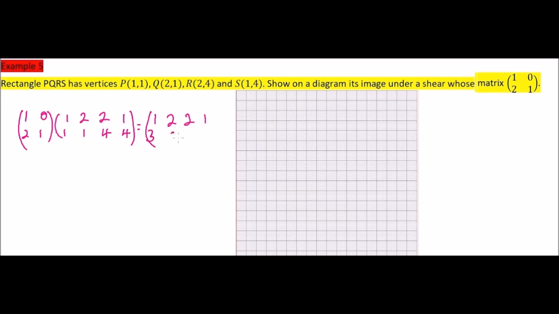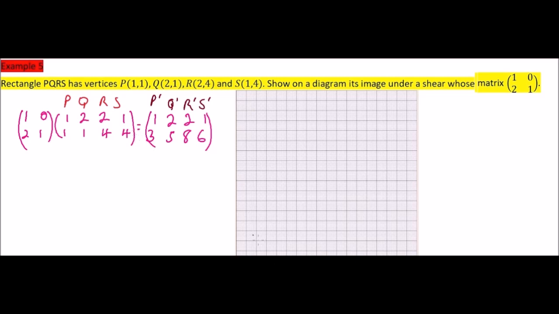The other value should be 5, then 8, and finally 6. This is our P, Q, R, S, and this is our P prime, Q prime, R prime, and S prime. So what remains now is to plot the two figures, and then we'll be able to describe the transformation.